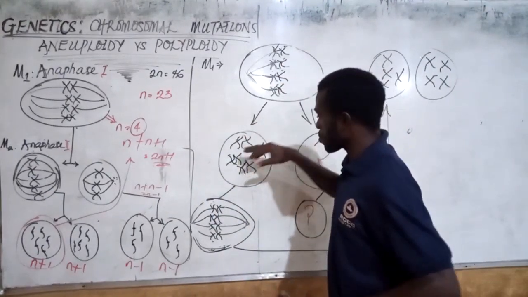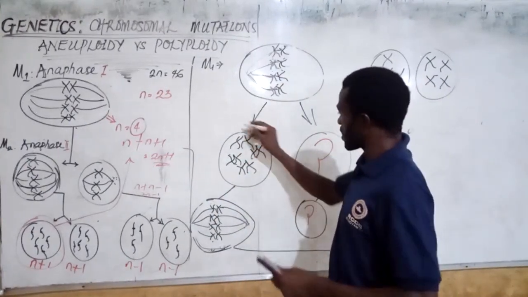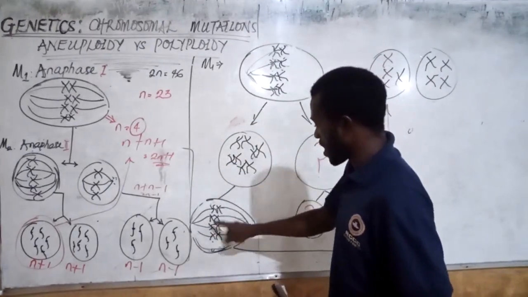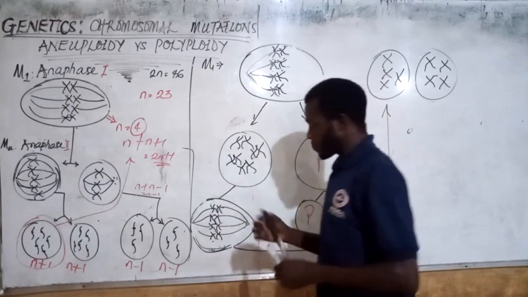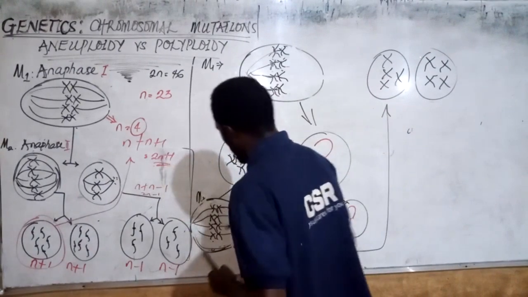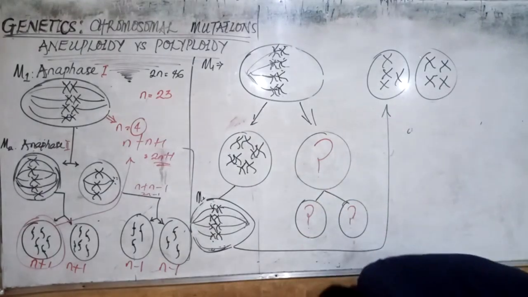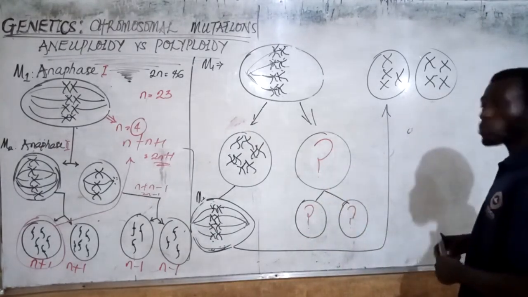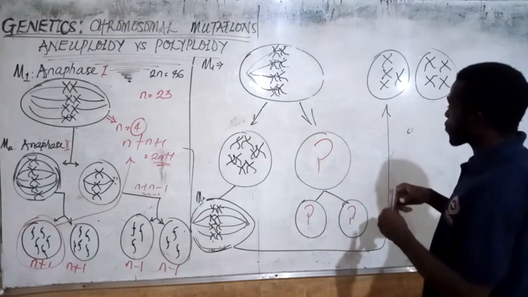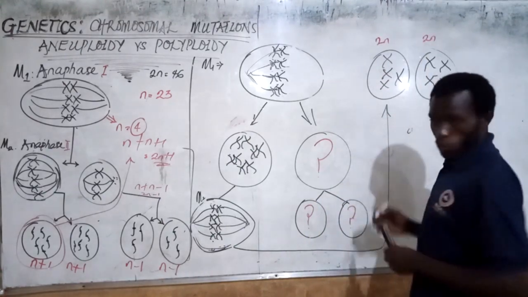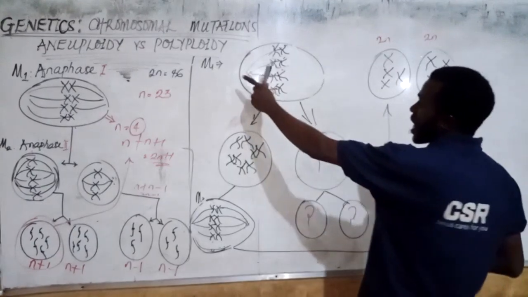The whole set of chromosomes is here, meaning this one is still 2n. So when they get disjointed in M2, they produce a cell that still has the 2 sets of chromosomes. So instead of producing a haploid, they produce a diploid. Alright, that is polyploidy.